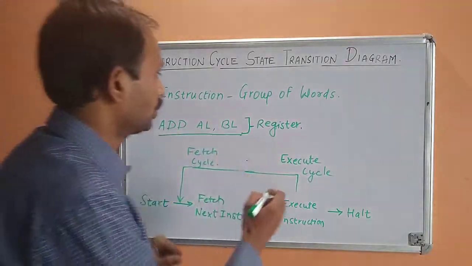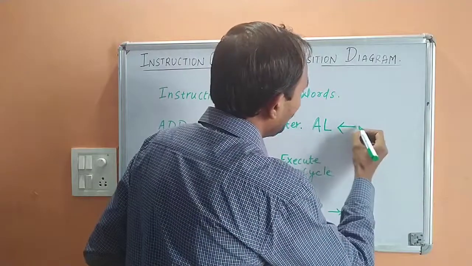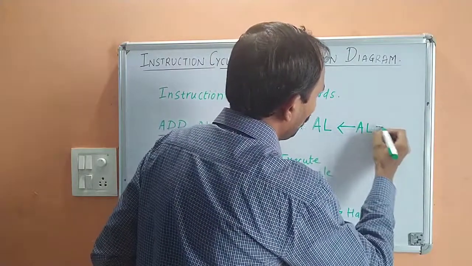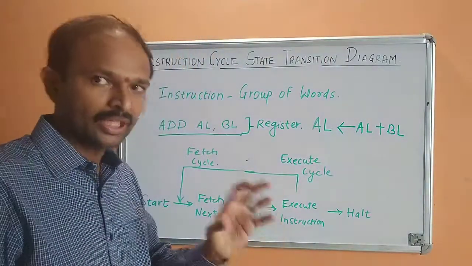So how does this instruction work? AL stores the result of the addition of AL and BL.